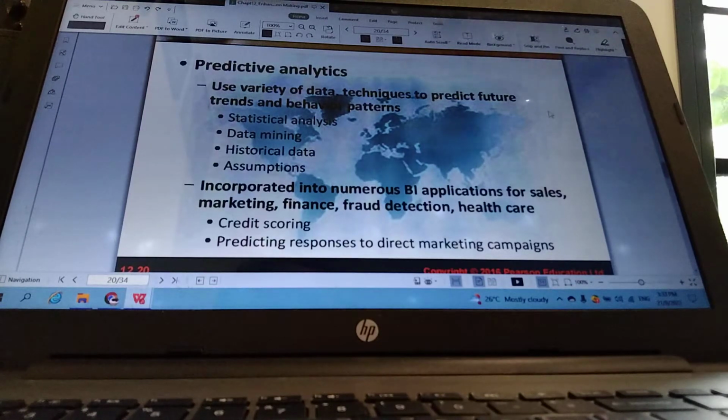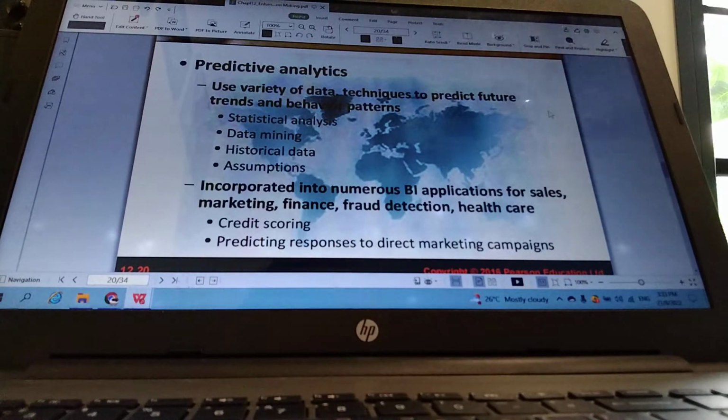Moving on, the predictive analytic, which is also another important feature of the BI system, uses a variety of data techniques to predict future trends and behavior patterns, such as statistical analysis related reports.